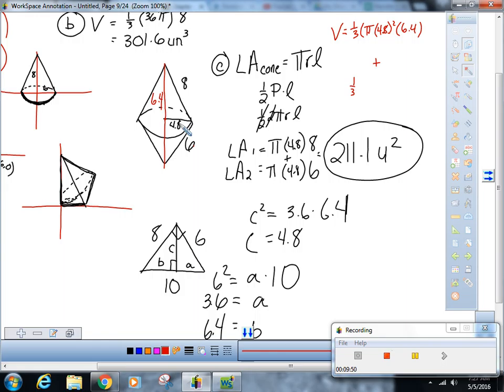I'm thinking 3.6. Again, those are 3-4-5 triangles. So plus 1/3 times pi times 4.8 squared times 3.6. And the answer for that is 241.3 cubic units. And that is a tough problem. Boom!